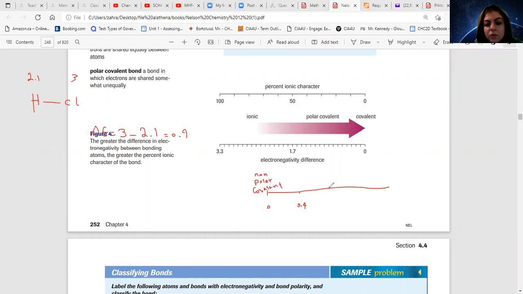If this is between 0.4 and 1.7, it is polar covalent. If this is higher than 1.7, it's an ionic bond.